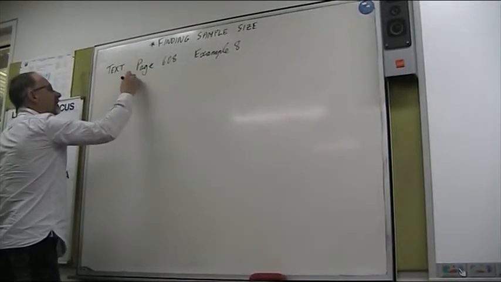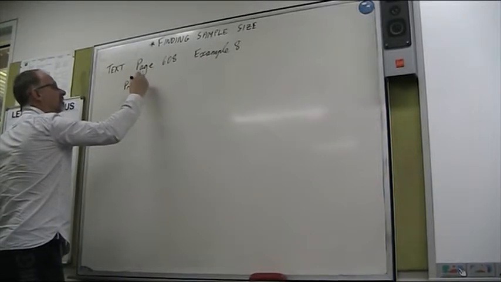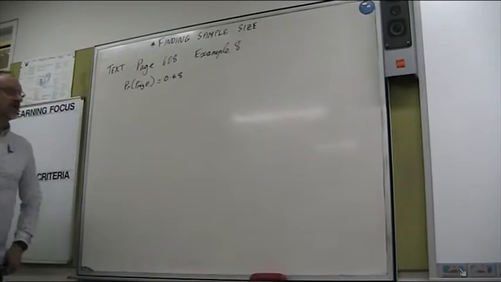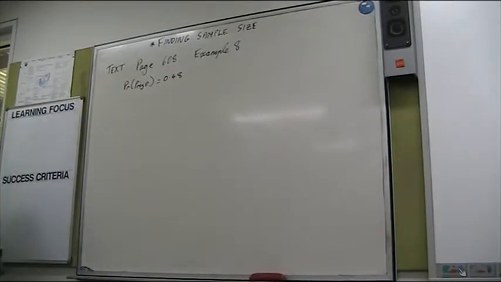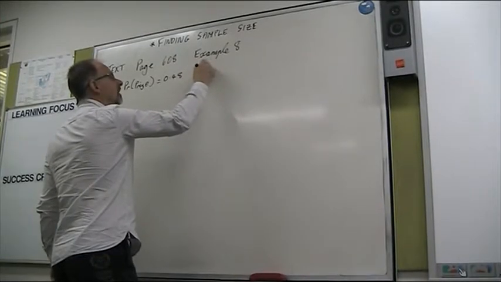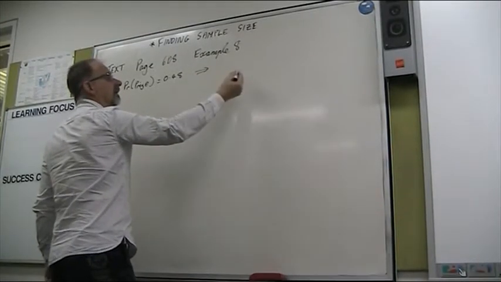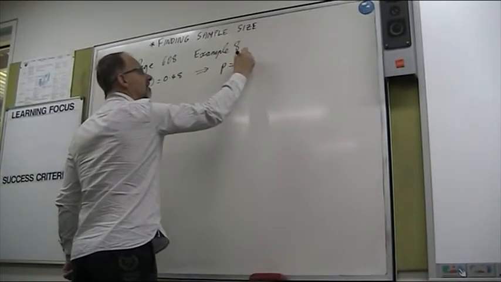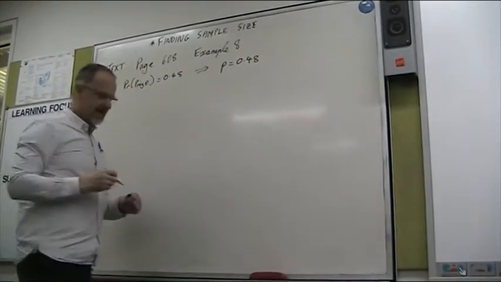So, probability of a prize is equal to 0.48. So, what we're doing is, we're doing in the binomial, of course. So, what that means is that P, probability of success, is 0.48.